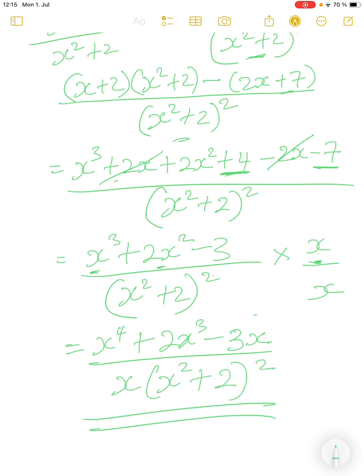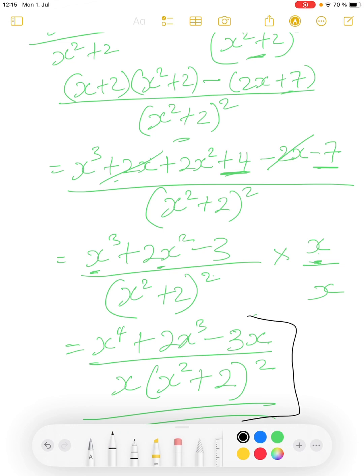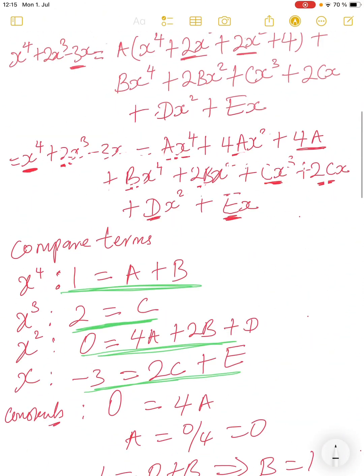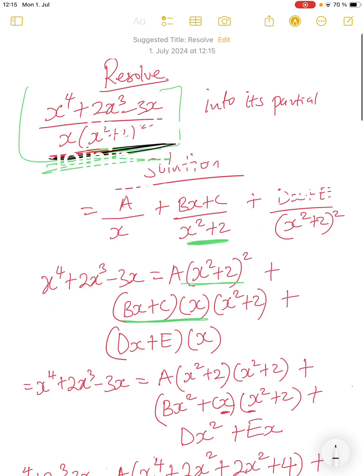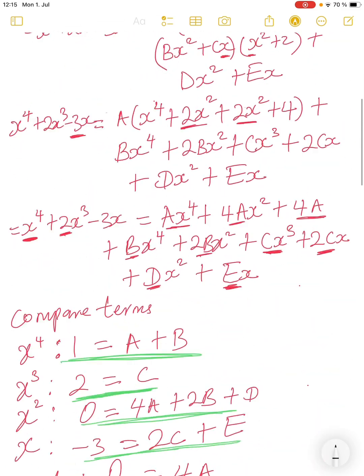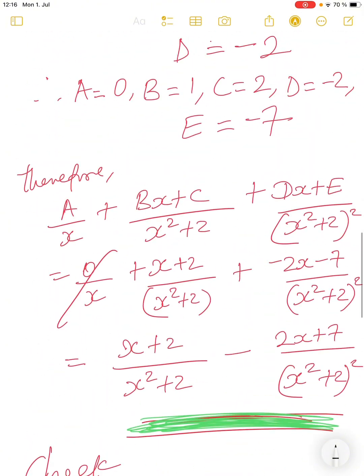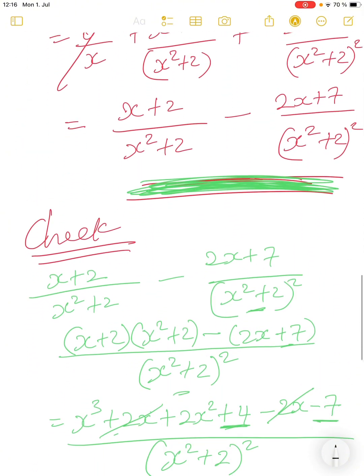So this is the fraction: x power 4 plus 2x power 3 minus 3x over x times x squared plus 2 all squared, which is the same as the original equation. So we have resolved this into its partial fraction. Our check is correct, so our partial fraction is in order.